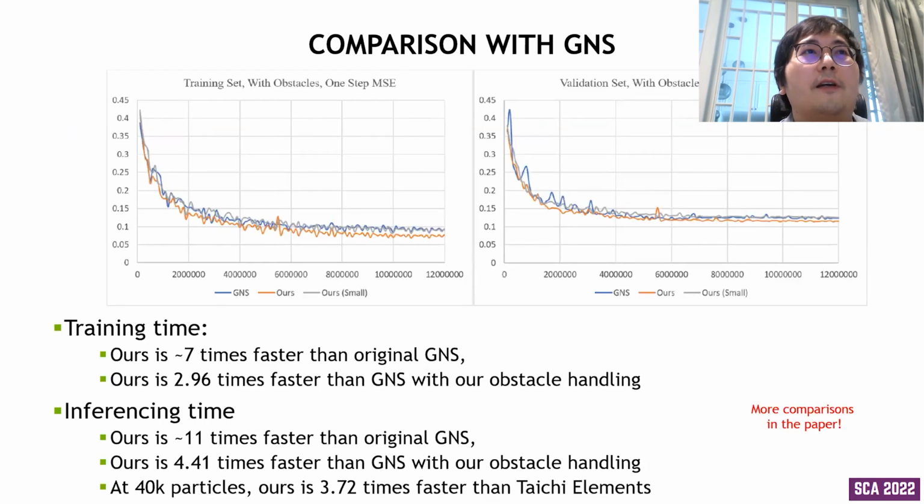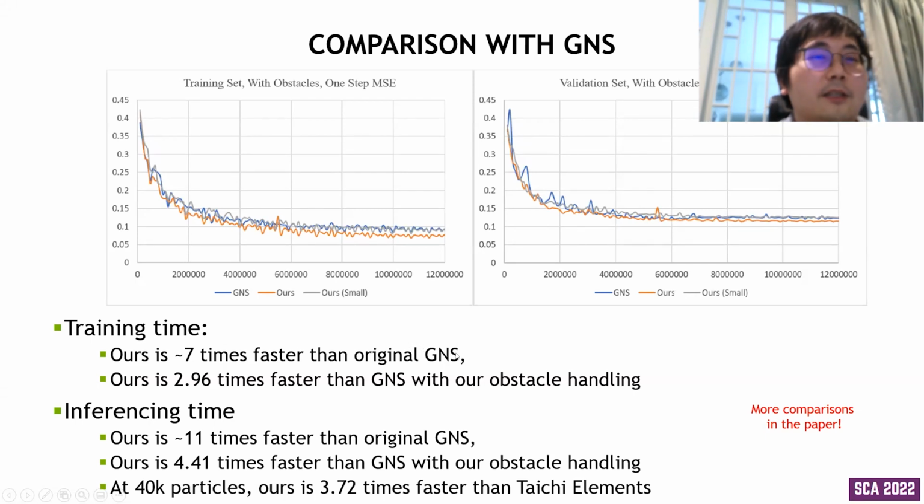This is the plot of the training and validation error of our method compared to GNS. Our method is shown in orange, and you can see that in both the training and validation sets, it tends to be smaller. For the training time, our method is about 7 times faster. This is partly because GNS handles obstacles by having ghost particles.